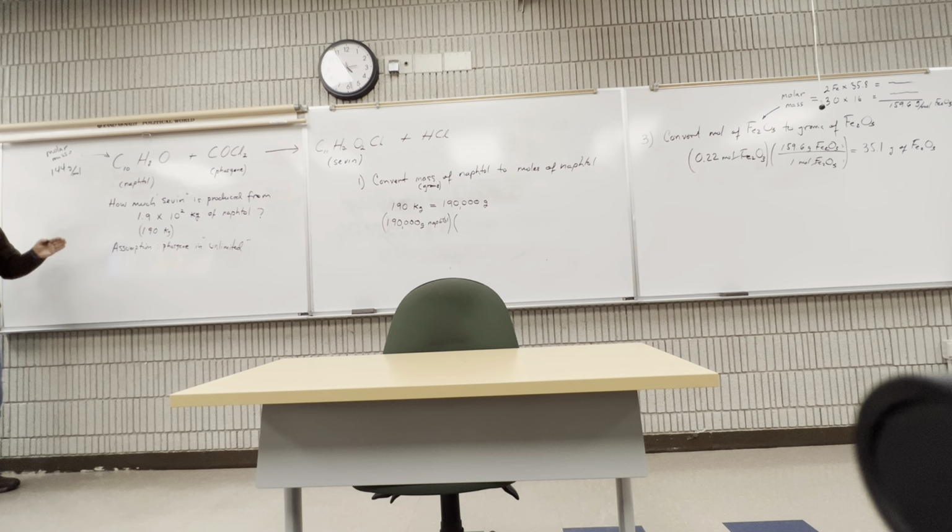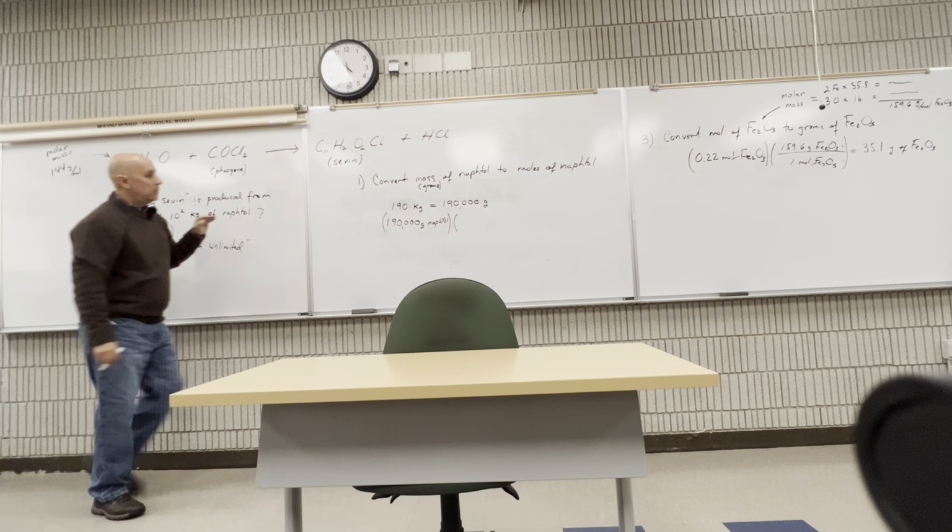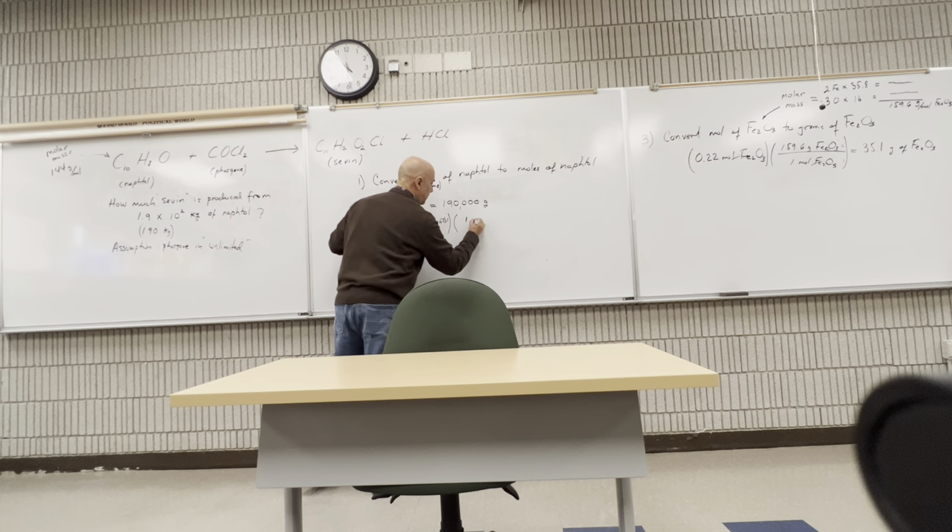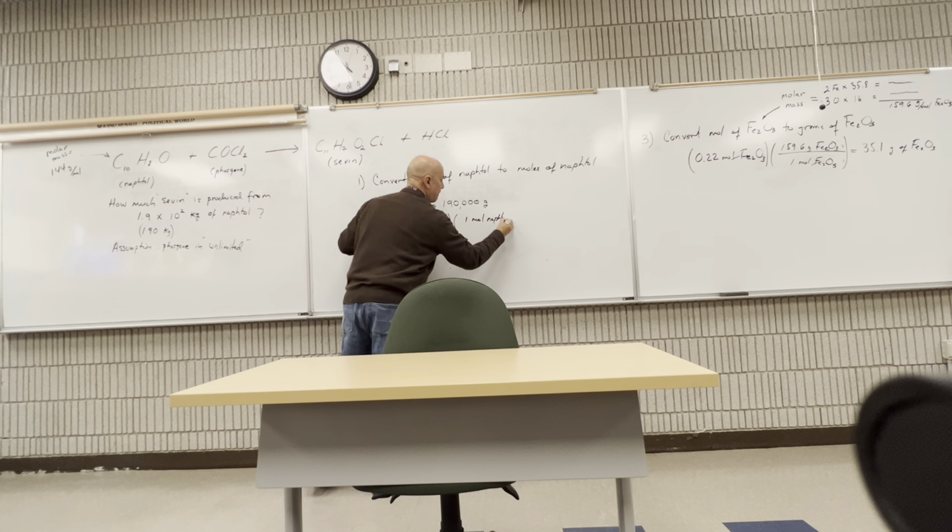I know I'm taking shortcuts, but I'm taking shortcuts that I think you already know that are needed to solve the problem. I mean, the information that you can get to solve the problem. That's what I meant to say. So, 1 mole of naphthol is equal to 144 grams of naphthol.